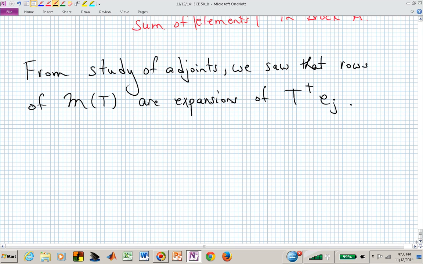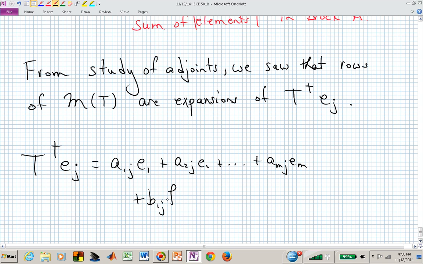So now if somebody gives us T dagger e sub j, this is a sub 1j e1 plus a sub 2j e2 plus a sub mj e sub m plus b sub 1j f sub 1 plus b sub 2j f sub 2 plus b sub nj f sub n.